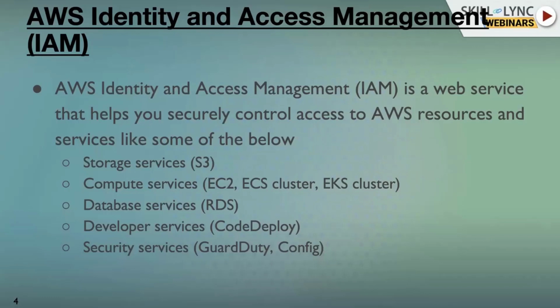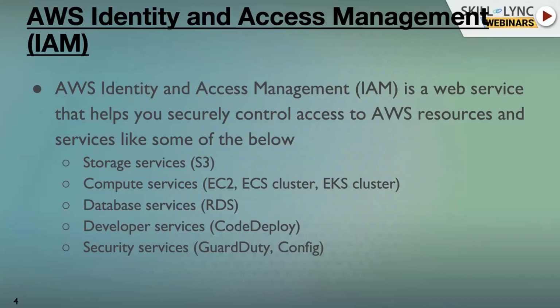This IAM is completely focused on the authorization part, right? The IAM concept comes in once the user logs into a particular AWS account or has access to an account. So here AWS IAM completely focuses on what resources a particular user or group or role can access, right?